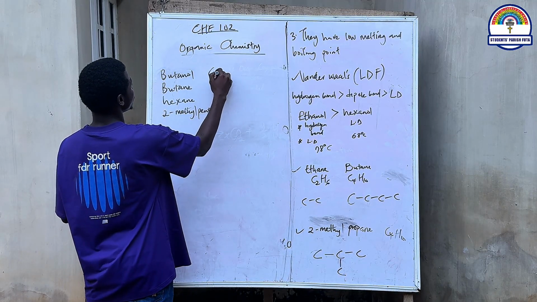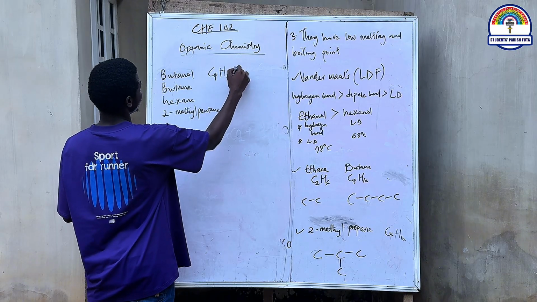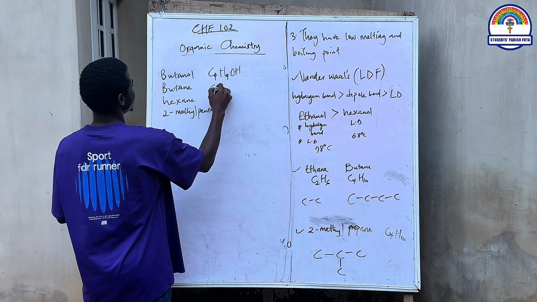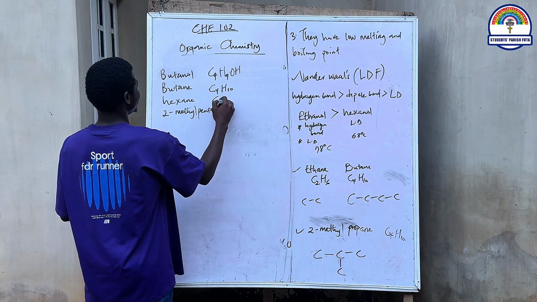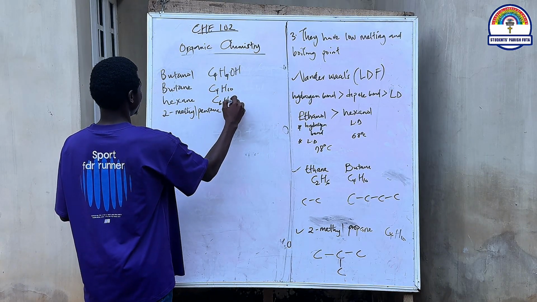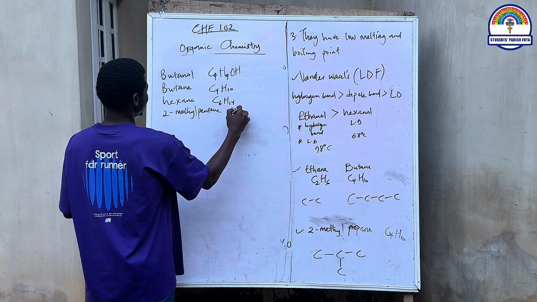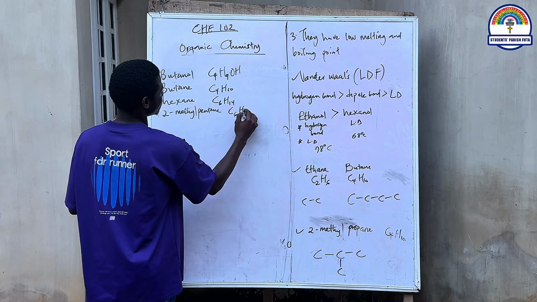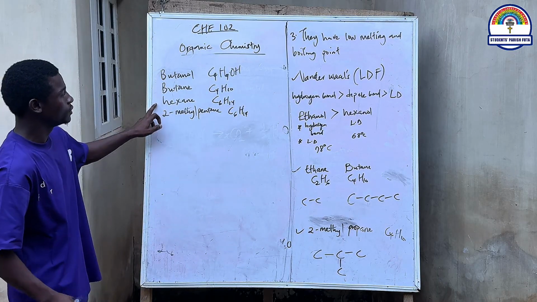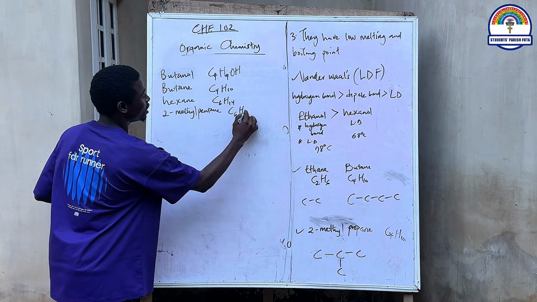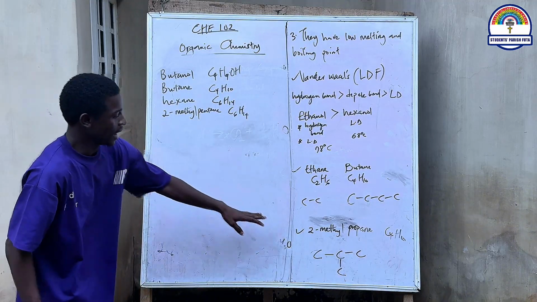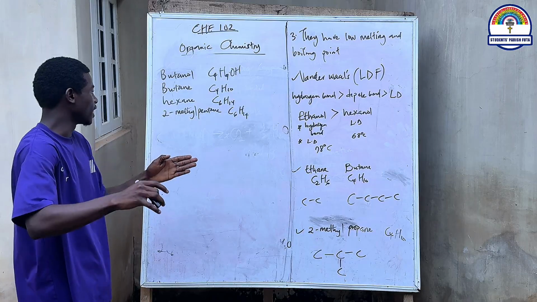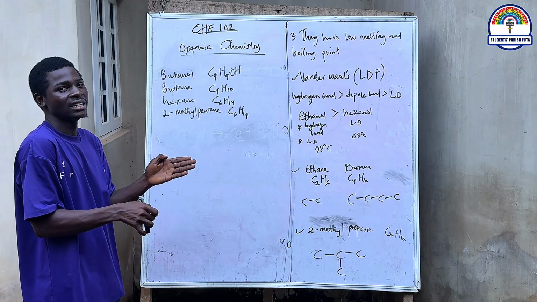So this is C4H9OH. This is C4H10. This is C6H14, and this is C5H14? Yes, this is H14. Just this one and this one, they are the same. Just that the way it will be arranged, a 5-carbon long chain on a straight line, then the 2-methyl will just come under the second carbon atom.